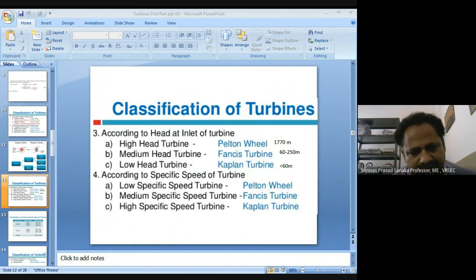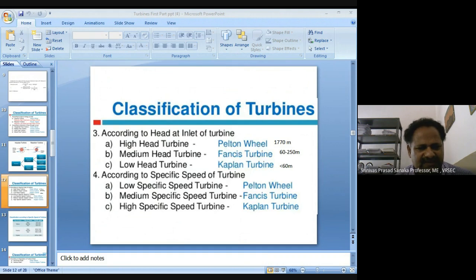So the conclusion is, from reservoir to reservoir, the water level varies.